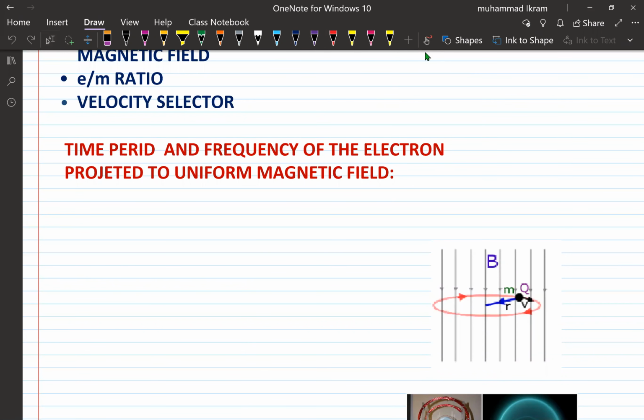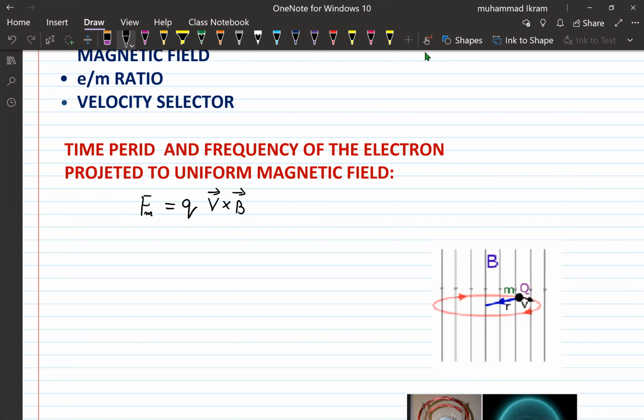In the last lecture, I told you about the force on the charged particle inside uniform magnetic field, and that force was F magnetic equal to Q into V cross B, if you remember.